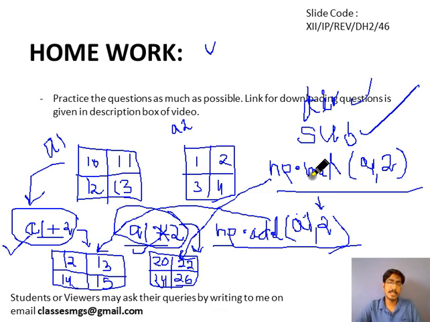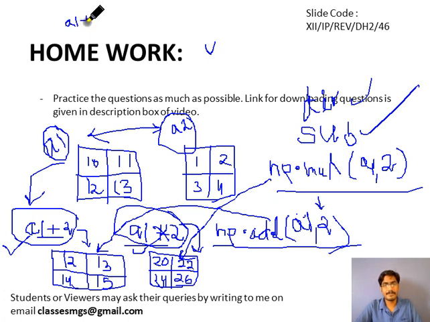Now another important thing, you can also add two numpy arrays. Like there are two numpy arrays a1 and a2. If you want to add these two numpy arrays, you can do this in a very similar way to what we have done for these. So let's suppose we want to add a1 plus a2, then you will write a1 plus a2, like this. If you write a1 plus a2 like this, then the elements of the two numpy arrays will be added and displayed.